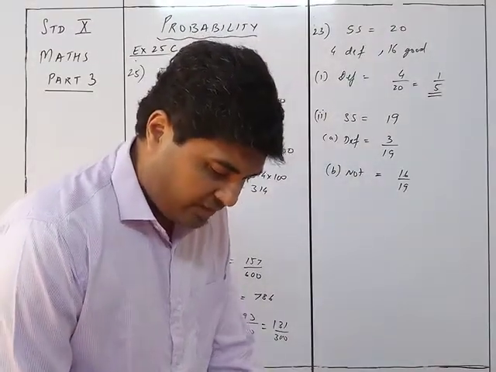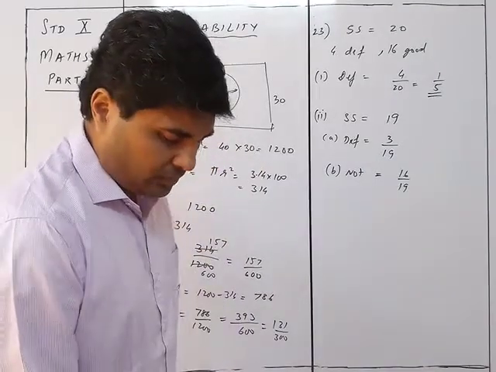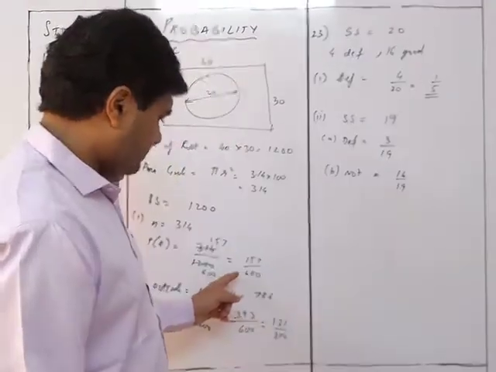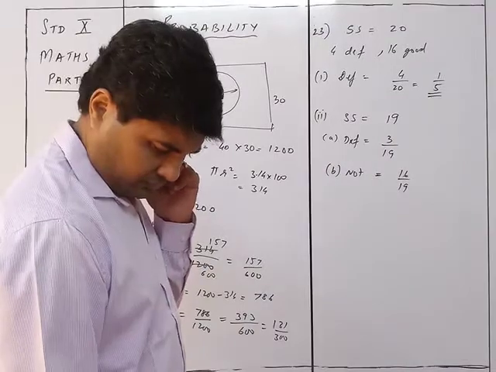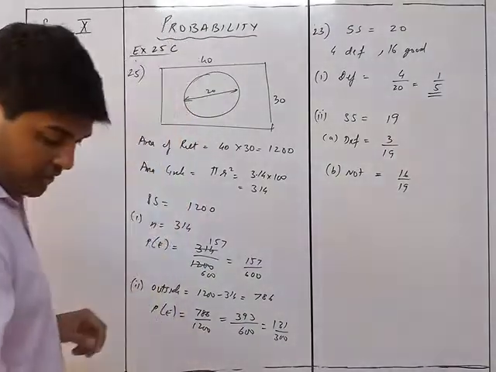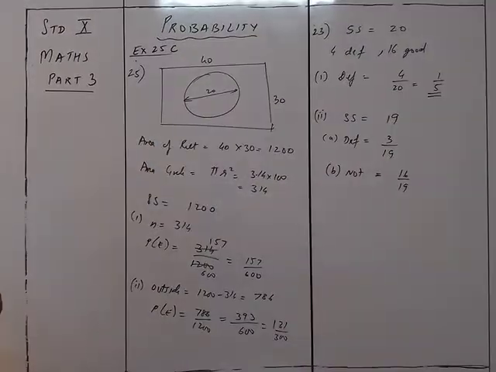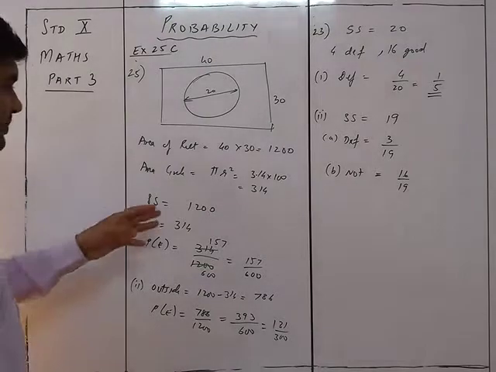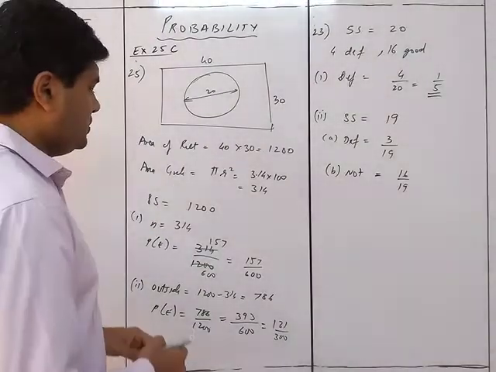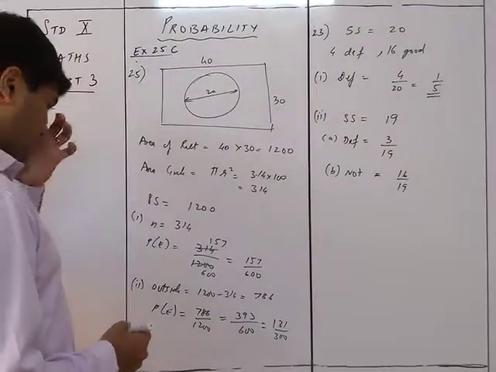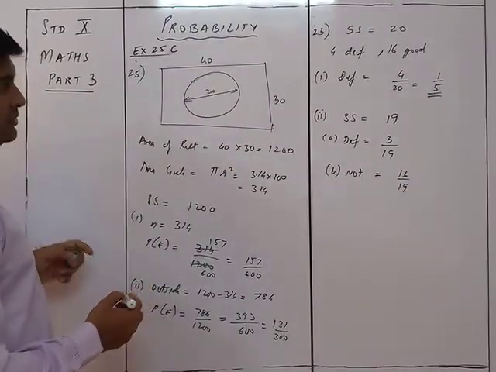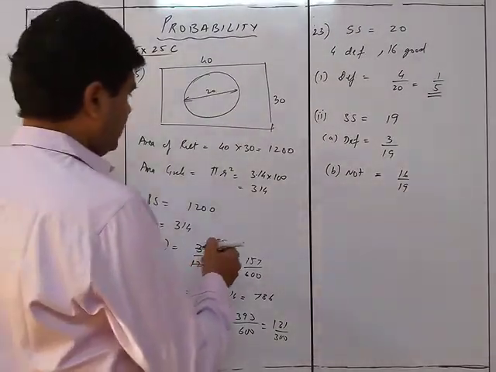So question number 25. The given answers are 11 upon 42 and 31 upon 42. We'll just check. It is pi r square, because they must have taken pi as 22 upon 7. So I'll just check whether it is coming up that way.